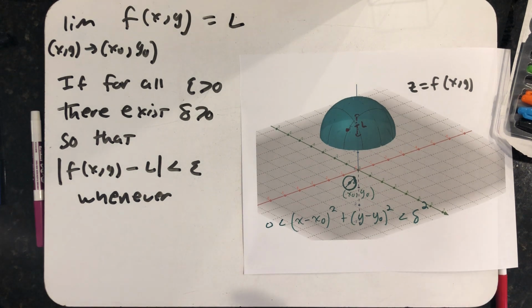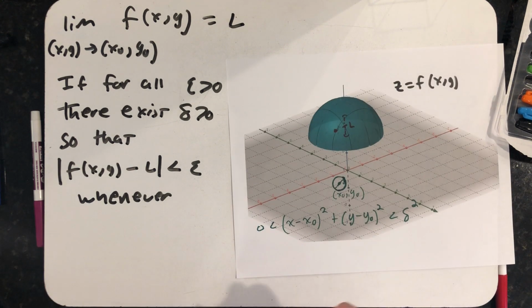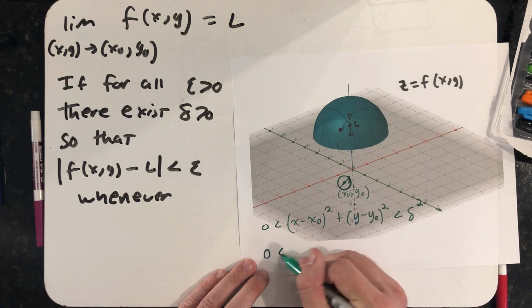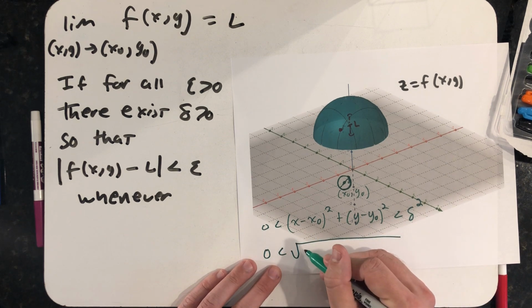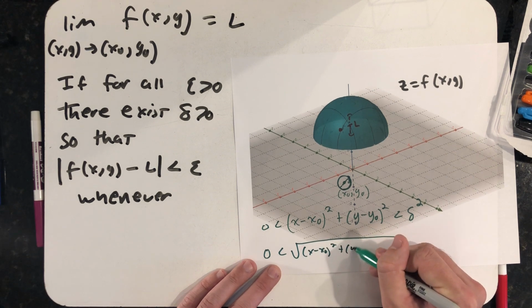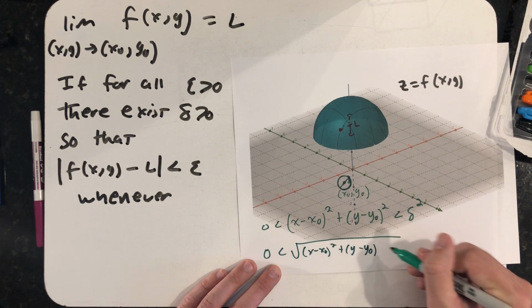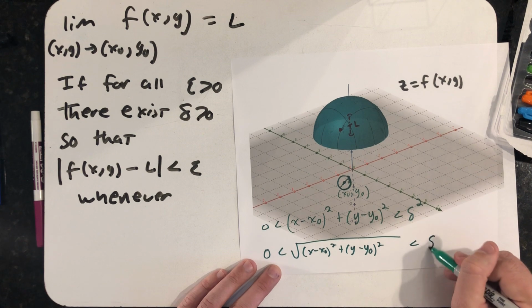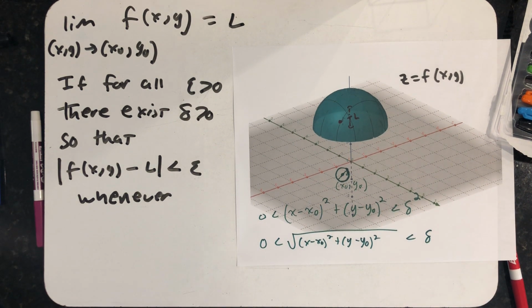And all of that seems very familiar, and instead of writing this down in terms of delta squared, if I just take a square root, everything is certainly still true. I'm only dealing with positive ideas of distance here. I'd end up with that statement.